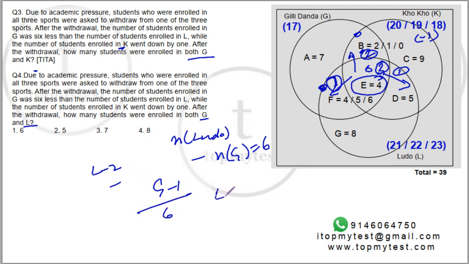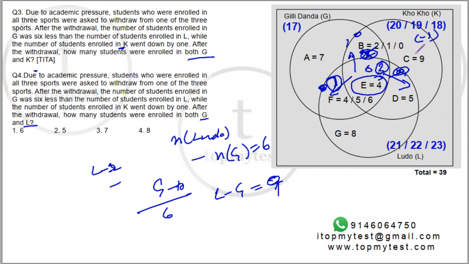In which case, L minus G should have been originally 7, which is not possible. The highest possibility is 6. So 2 and 1 is not possible. If I put 3 and 0, this difference should have been 9, which is also not possible. So 3, 0 is also not possible.